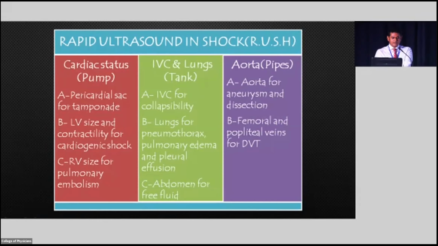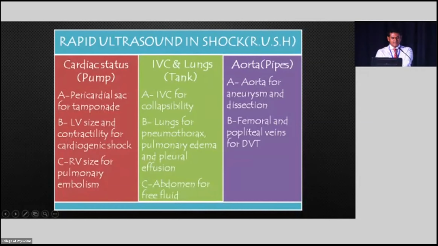So they have made certain protocols. This is one, the RUSH protocol. It looks at the cardiac status, assessing the pericardial sac for tamponade, LV function, RV size and function for evidence of pulmonary embolism, looking at the inferior vena cava and the lungs for collapsibility and pneumothorax, and the abdomen for free fluid.